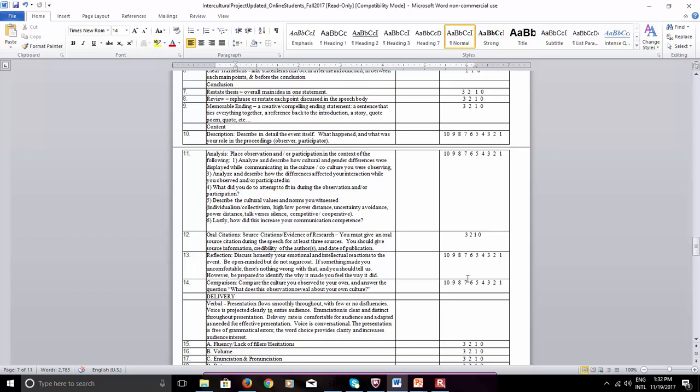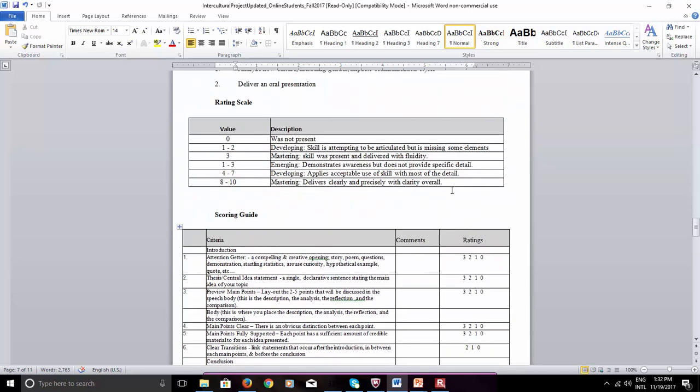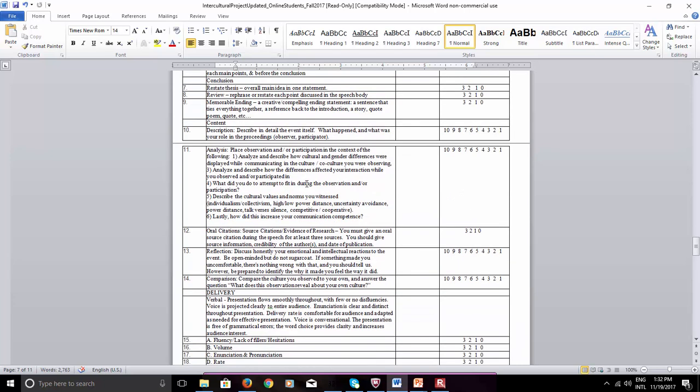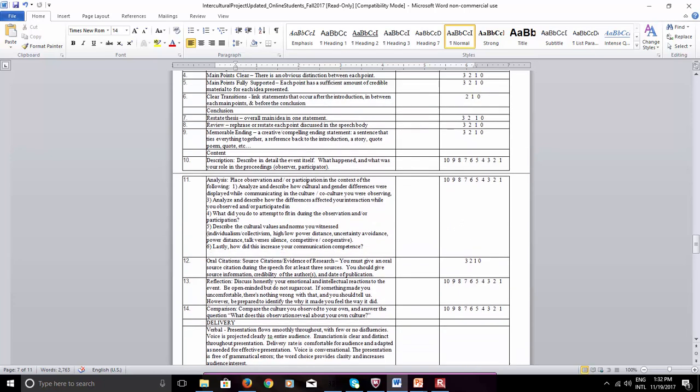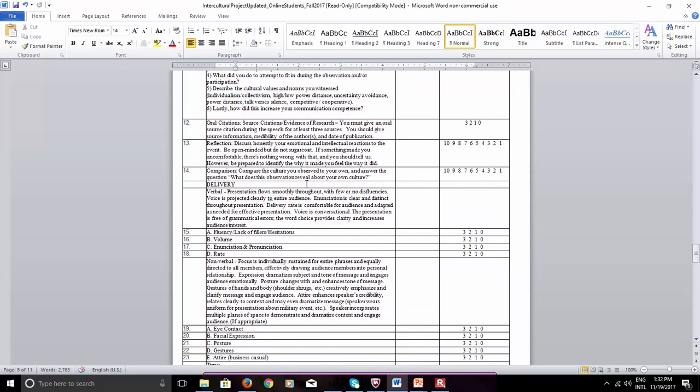So if you have everything present in the description, you'll get a 10. Again, looking at the mastering, developing, and emerging, that's what that means for this section here. Analysis is worth 10. Oral citations are worth 3. Reflection and comparison are worth 10.